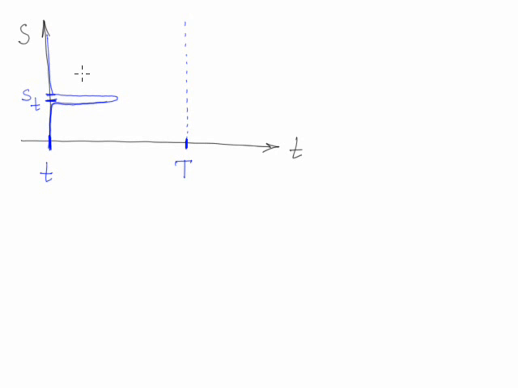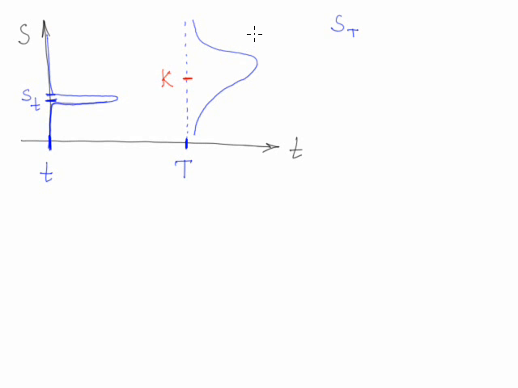But as for S at time large T, we will have a distribution. It's going to be distributed somehow, and we know that K is the strike price.